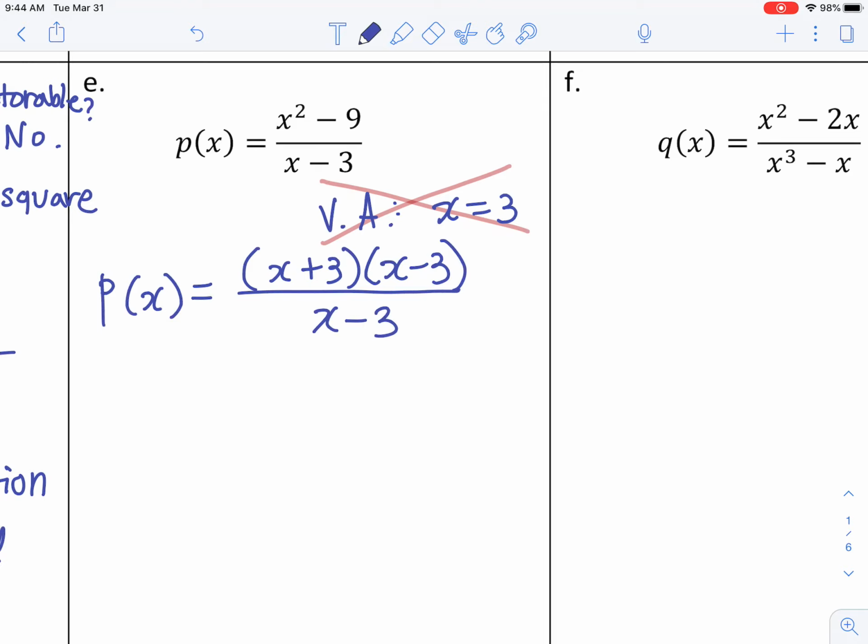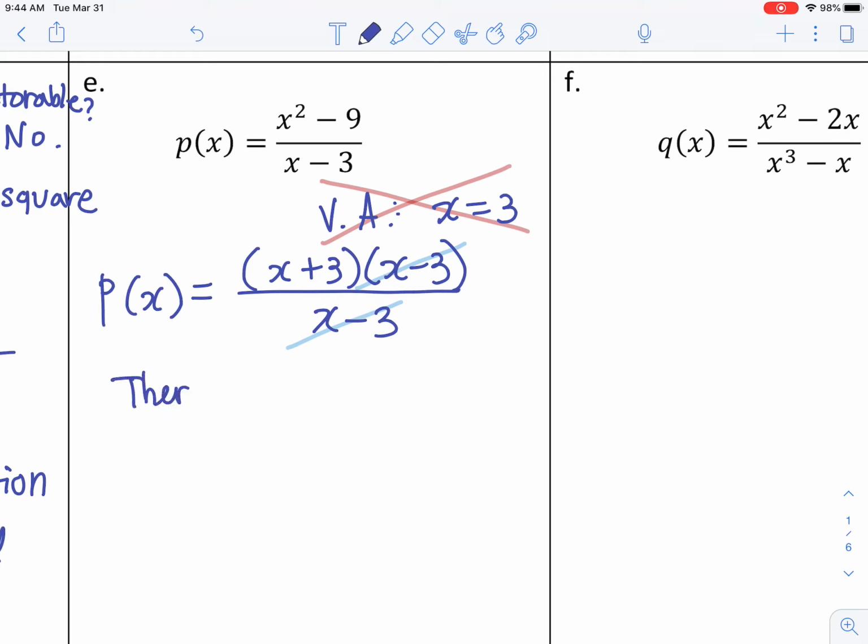Now keep the denominator exactly the same, the x minus 3. Do you see what happens here? What will happen to that x minus 3? It will actually cancel out. So we won't be able to find a vertical asymptote.